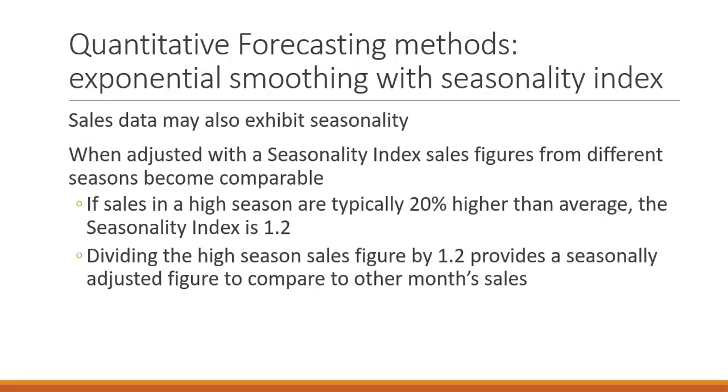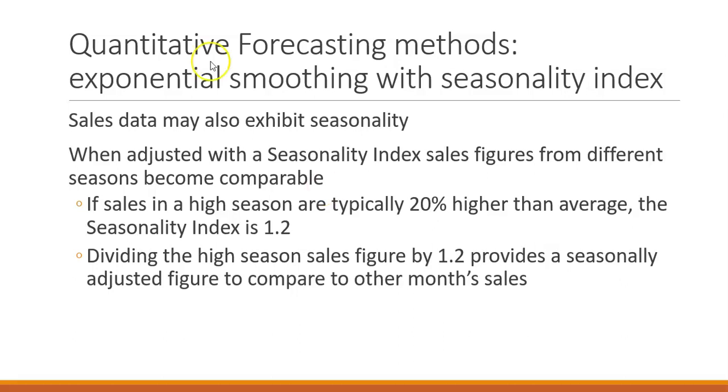We might also need to smooth with a seasonality index. So if we have seasonality with our sales data, such as we have different demand in winter than we do in summer, or we have demand at holidays that we don't have at other times, then we would use a seasonality index.